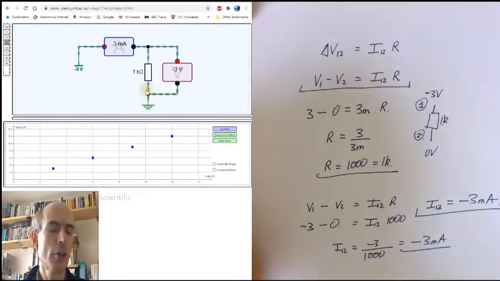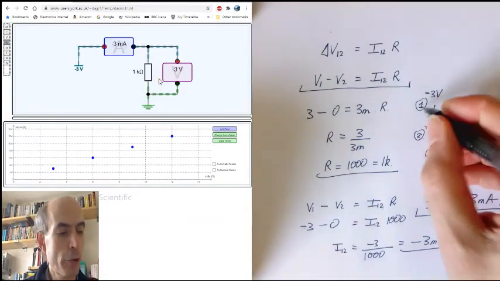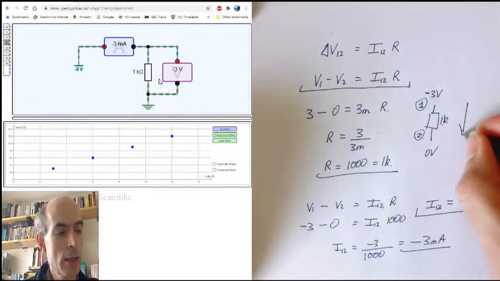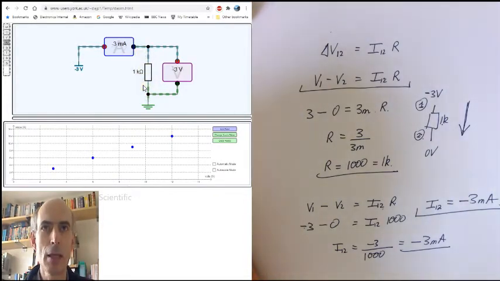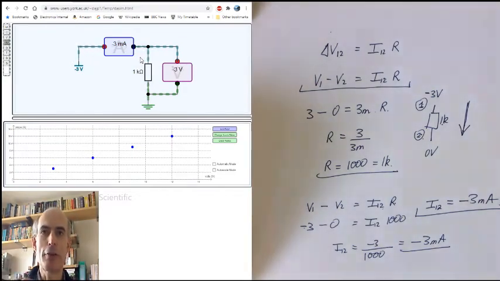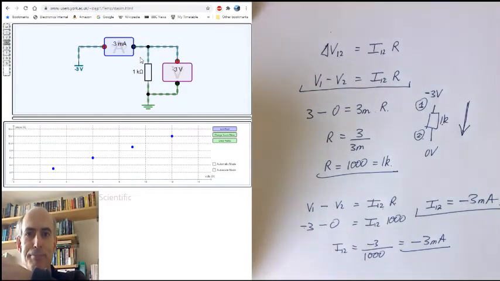A current of minus 3 milliamps flowing from node 1 to node 2, i.e. that would be down the resistor in this direction, is the same thing as a current of 3 milliamps flowing up through the resistor from the bottom to the top. A negative current is just a positive current flowing in the other direction.